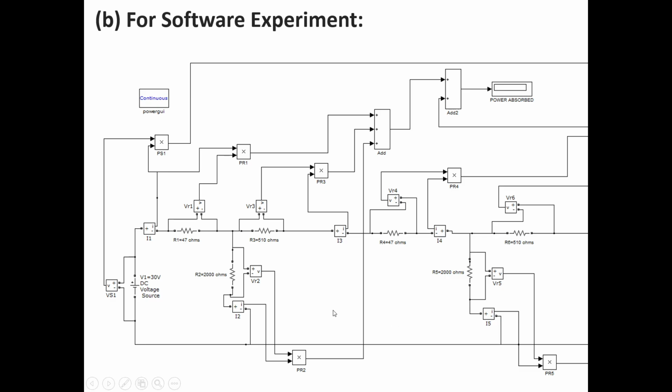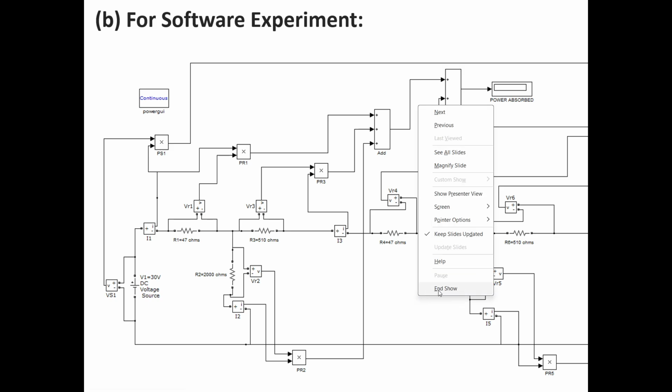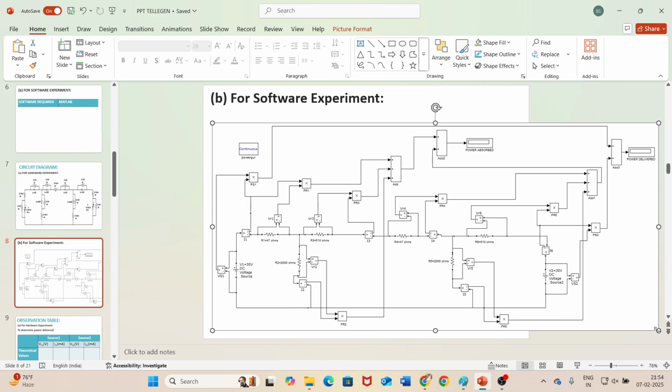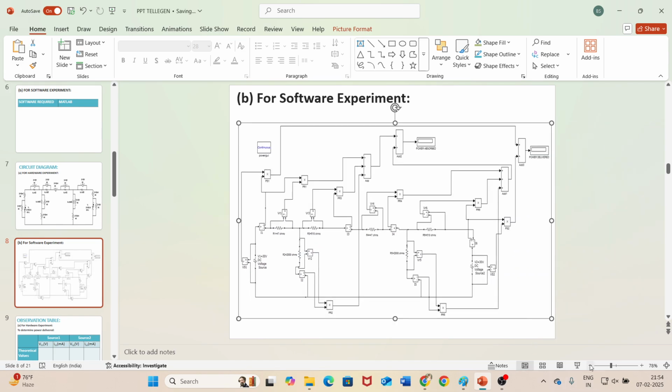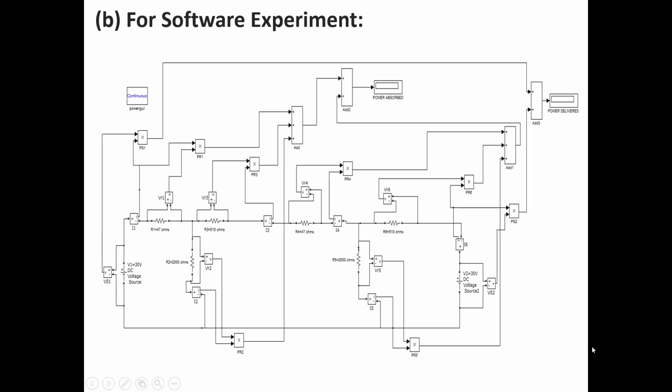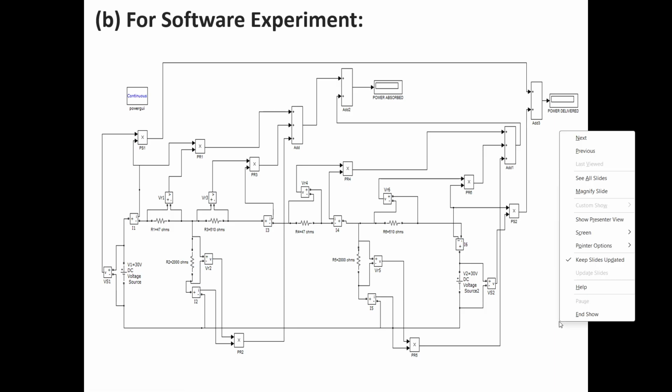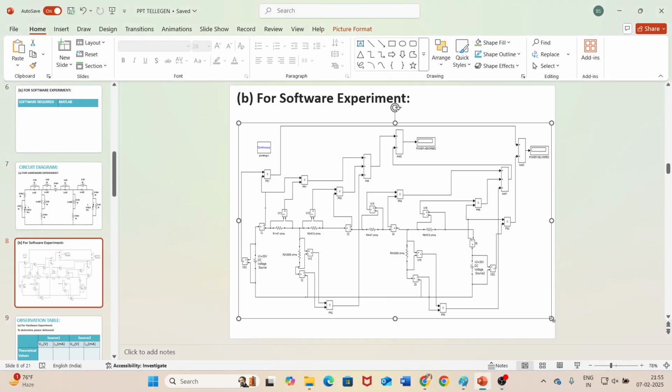Earlier, this is how it was looking. If it is visible to you, whoever wants to copy this circuit diagram, you can pause the video and draw it in your notes. For me it is visible because I am using the system, but I will just expand this.